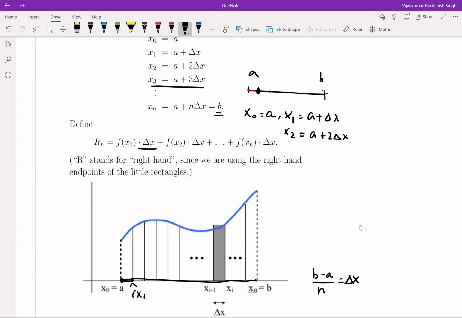This point is x1, so this height is given by f of x1. For the second rectangle, again the base is delta x, but the height is given by the function value at x2, so the height is f of x2.